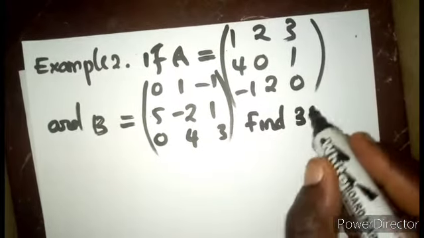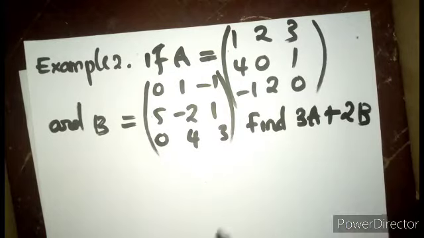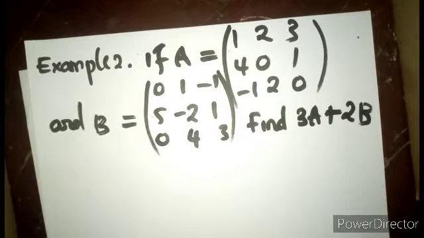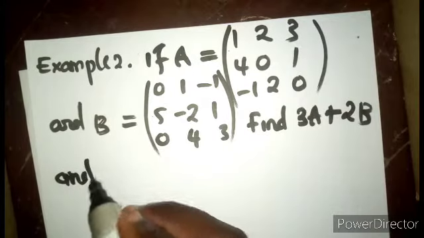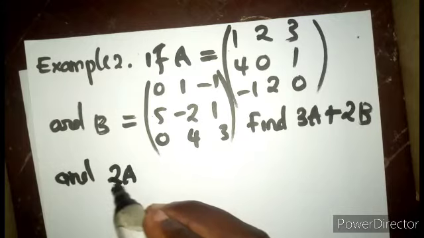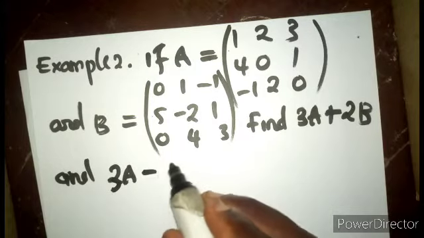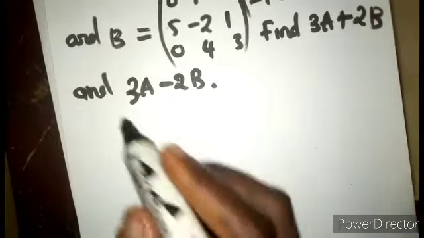And you have to find 3A minus 2B. How do we do that? Solution.